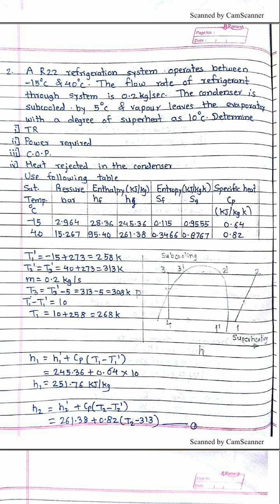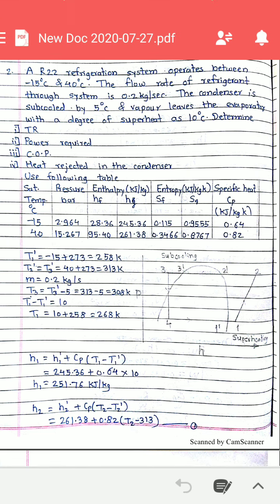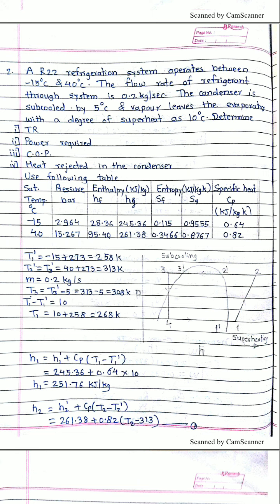So what is T3? The point is inside the liquid region and we know it is subcooled by 5 degrees Celsius, meaning T3 dash minus 5 degrees Celsius gives T3, and the temperature leaving the condenser is T3 equal to 308 Kelvin.